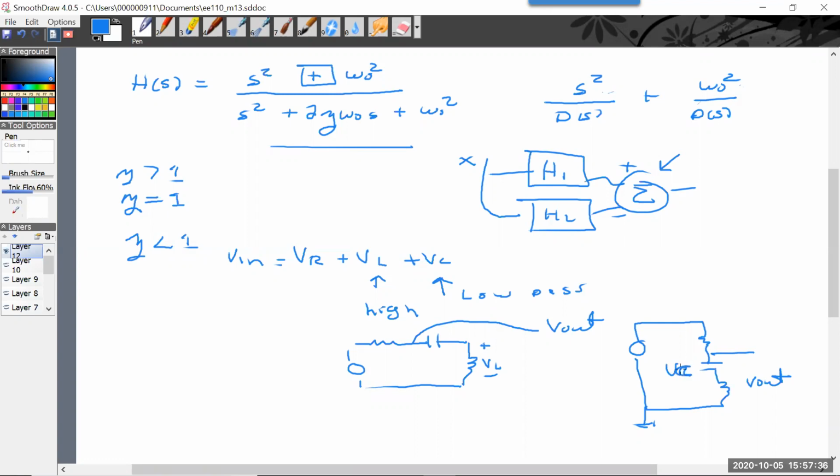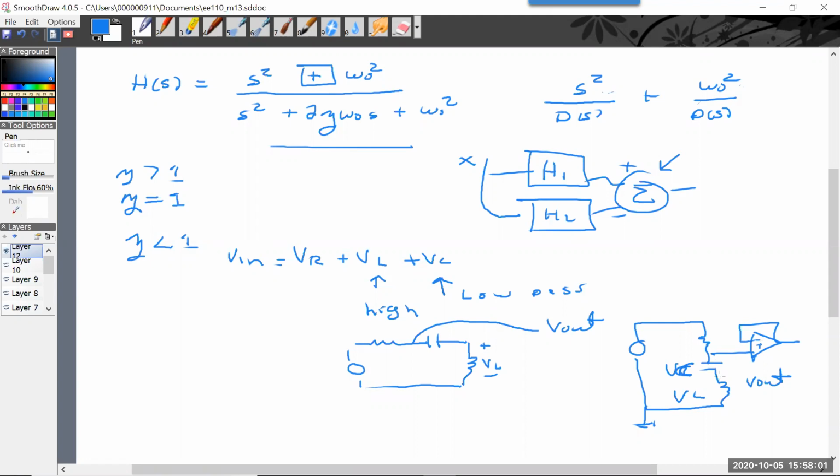Because VC is my low, VL is my high. And now sure, you're more than likely going to need a buffer, but you were able to get a notch, right, just by rearranging these.